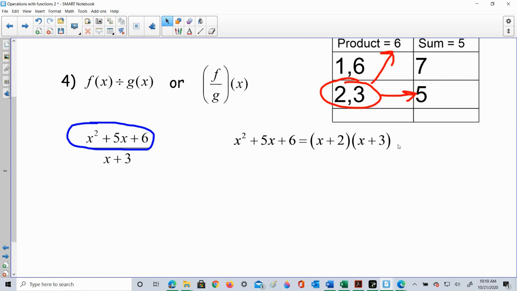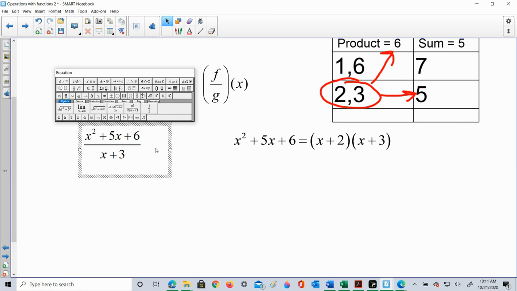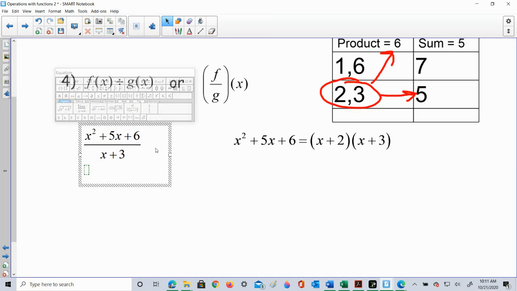So now that I have that factored out, let's go back to our original problem. All right, so what does this equal? Let me do a different line. So this equals, copy, paste, except I don't have this on top anymore.